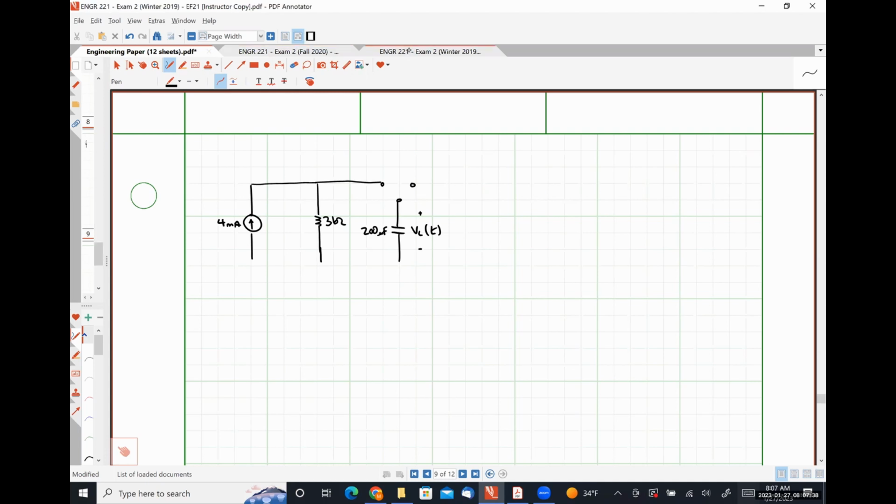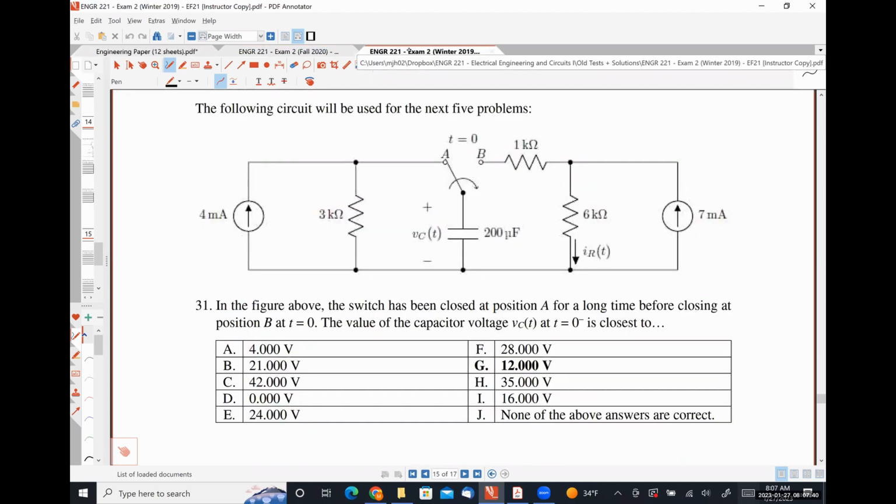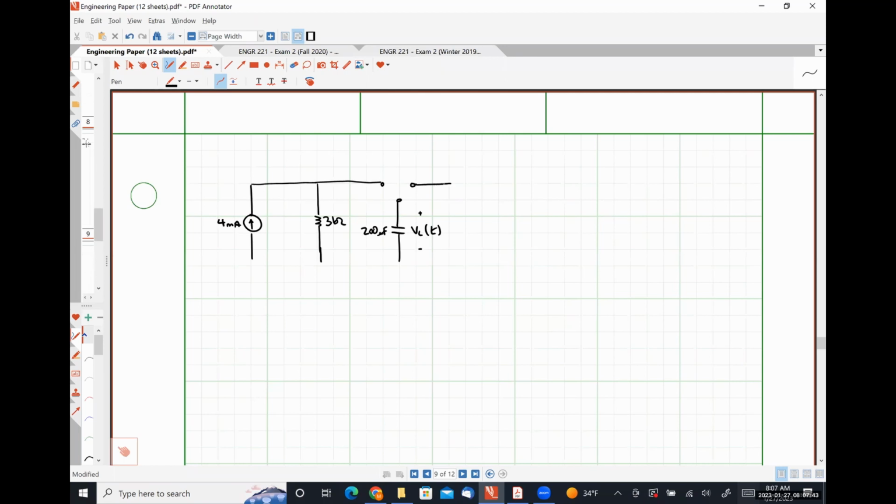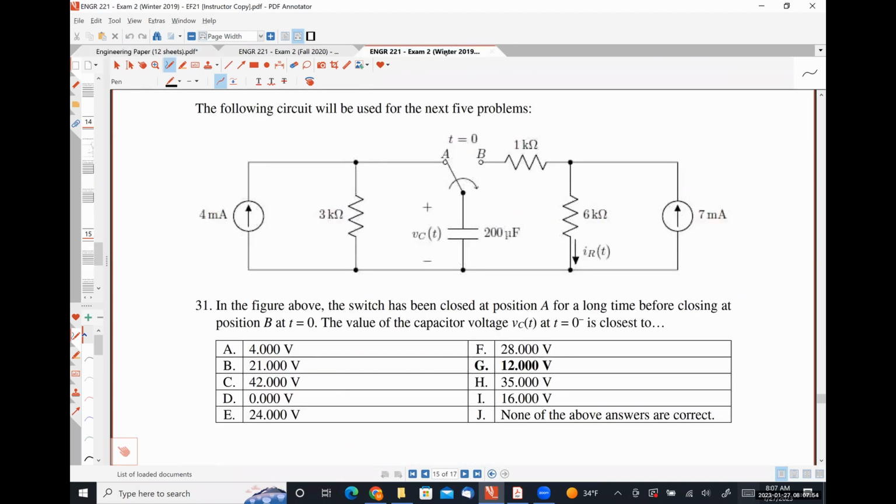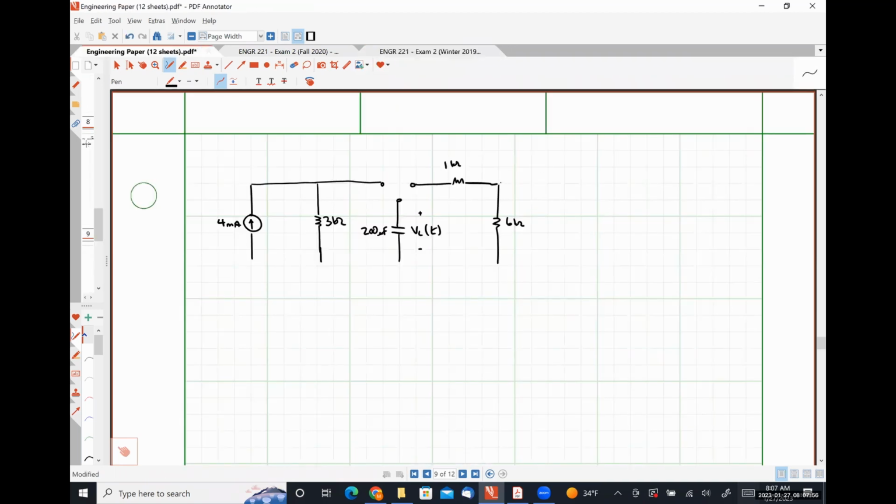1K in series with 6K. We have 4 milliamps over here.